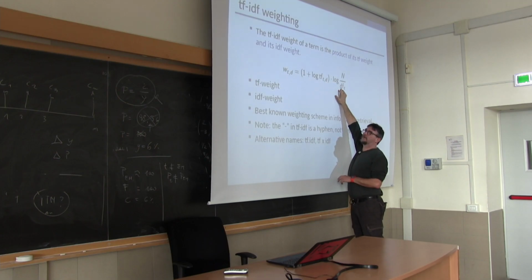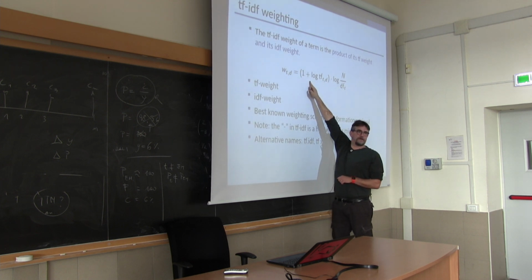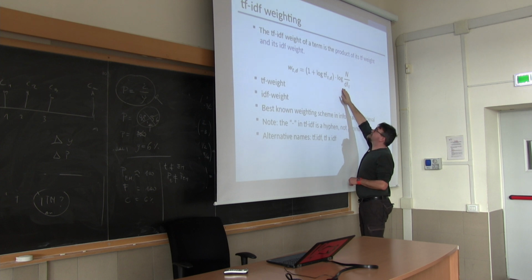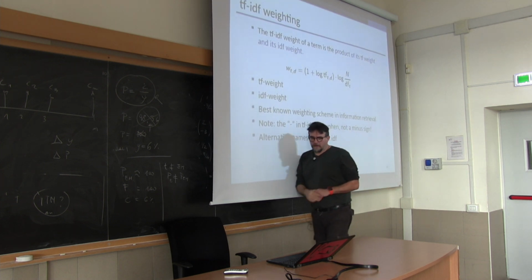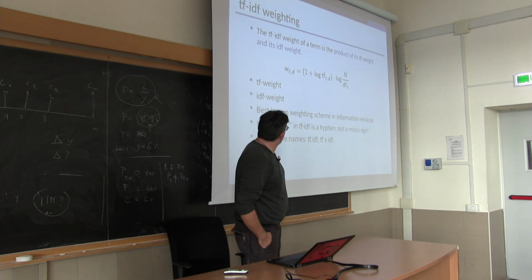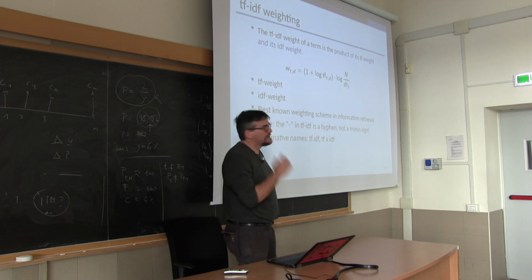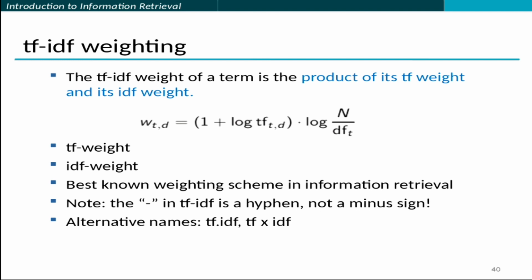This is why we call this part here the TF weight, and this part here the IDF weight. This is indeed probably the best known, and one among the most used, weighting schemes in information retrieval.